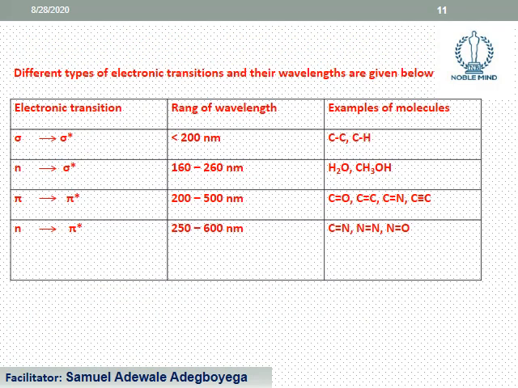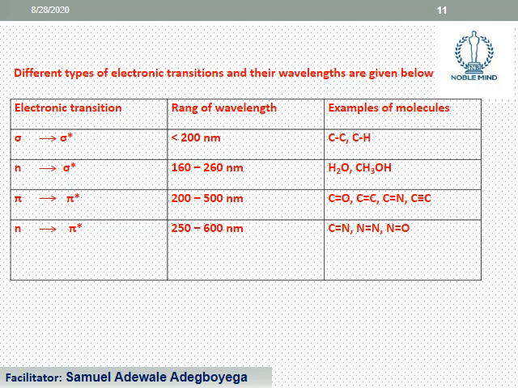We have different types of electronic transition and their wavelengths as given below. There are actually more than this, but we just give a few examples. You can have a sigma to sigma star transition. The wavelength will be below 200 nanometer. An example of molecule which shows such is the molecules which contain saturated bonds, single bonds.